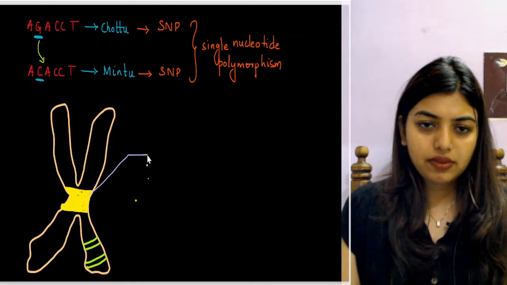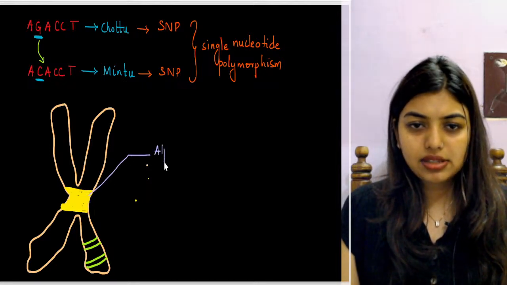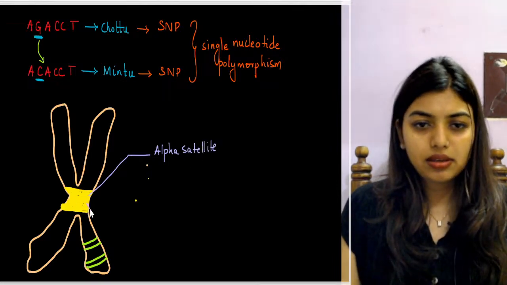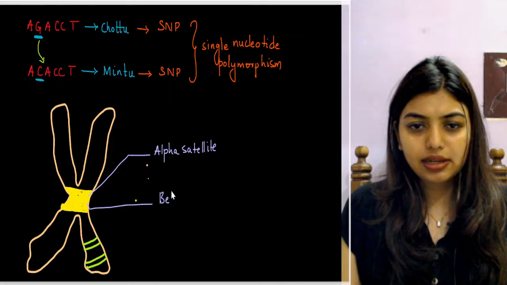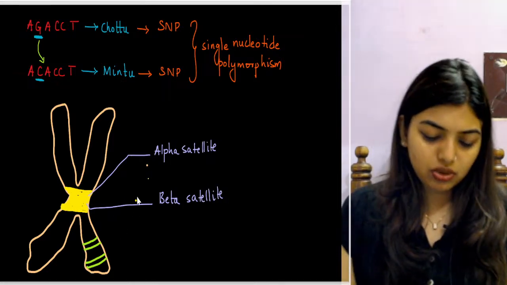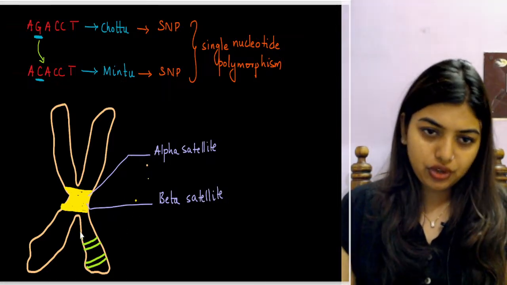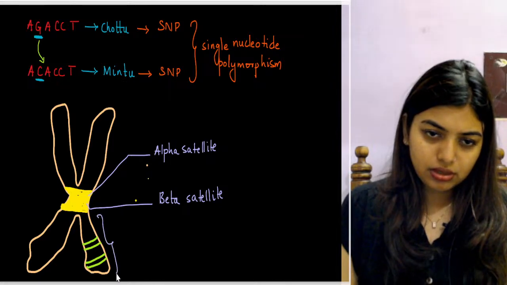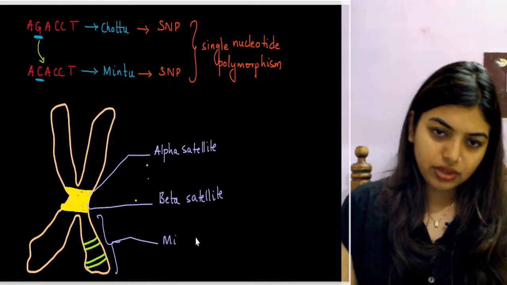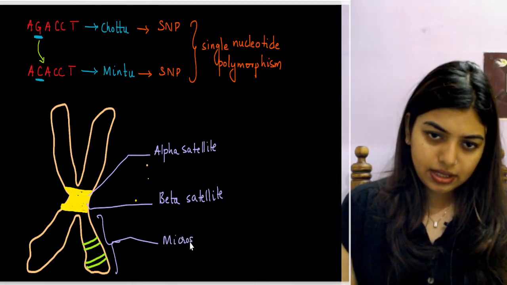It will have alpha satellite, beta satellite. Satellite regions depend on the number of DNA strands, tandem repeats and all of that. Now the down portion, this portion is going to form the microsatellite.